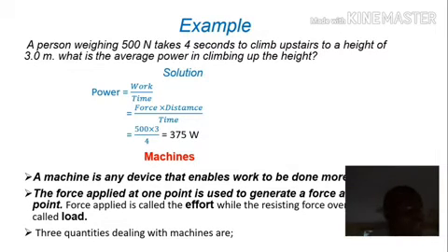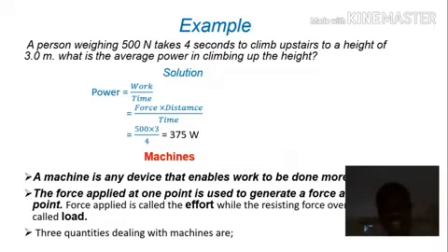Power equals work over time, and work is force times distance, all over time. So 500 times 3 over 4, and if you calculate, you get 375 watts.